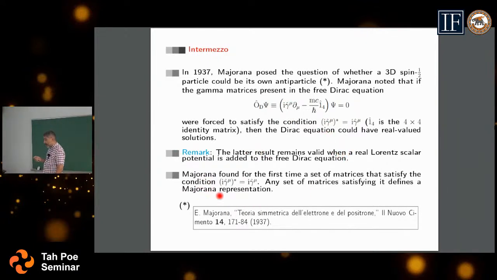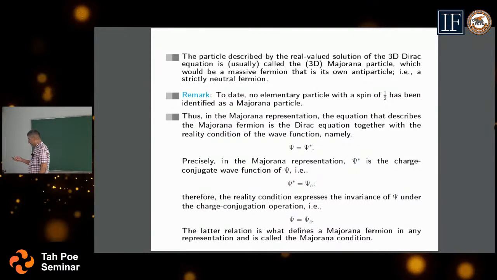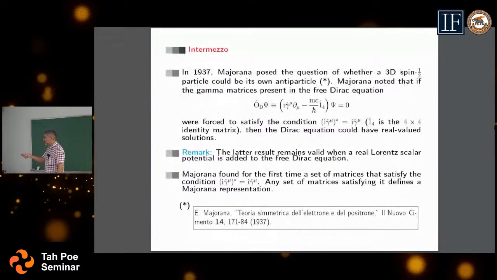Majorana found for the first time a set of matrices that satisfy this condition. All the matrices satisfying this condition are called a Majorana representation. You have seen the Majorana representation in books. You don't have a unique Majorana representation; you can have different sets of matrices satisfying this formula.